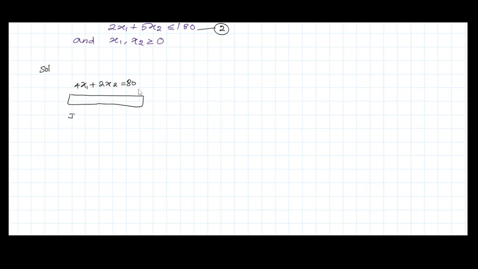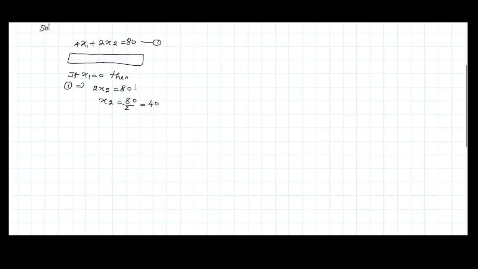If we assume x1 equal to 0, then equation 1 becomes 2x2 equal to 80, x2 equal to 80 divided by 2, equal to 40. It shows that 0 comma 40 is a point on the first line.